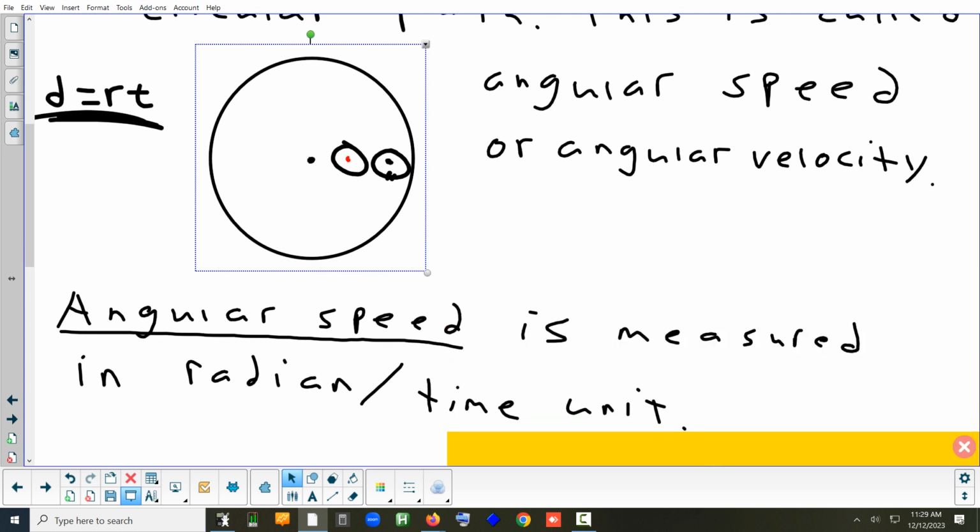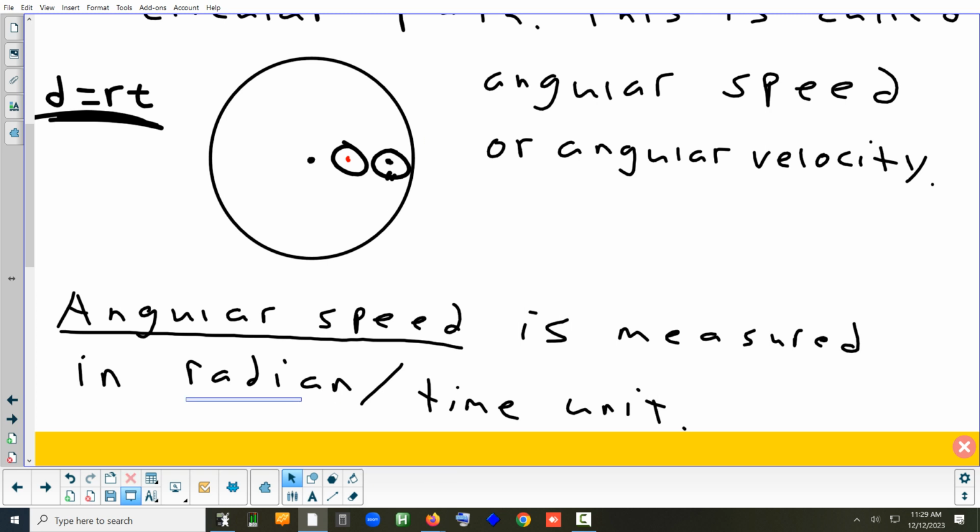So the unit that we generally use for angular speed, and this is where the book doesn't do a good job wording the question sometimes, because they'll just say, find the angular speed. Well, if they don't tell you a unit to use, I always want you to stick with radians. The time unit, I don't really care about. Use whatever time unit is in the problem. If it's minutes, we'll do radians per minute.